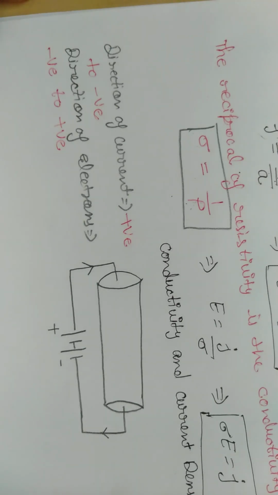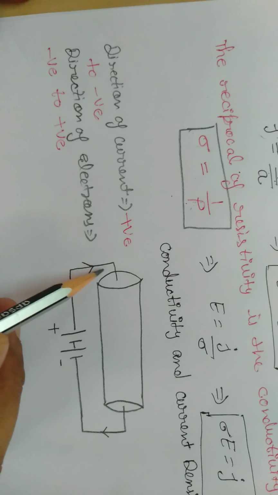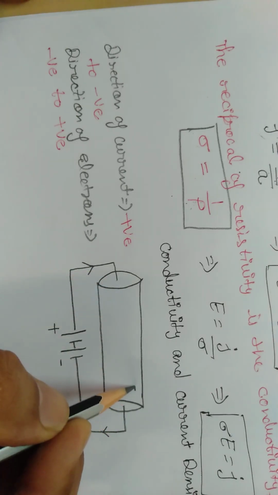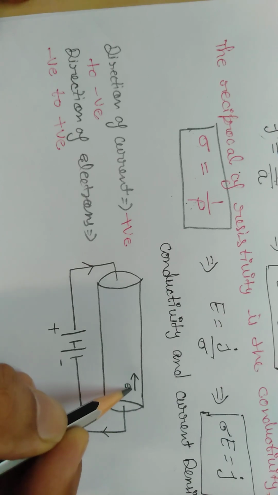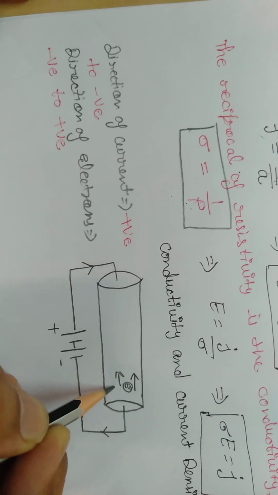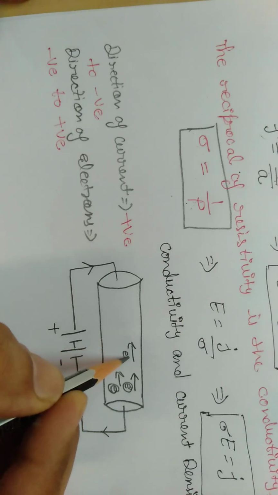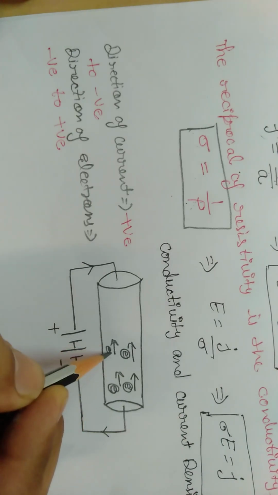Okay, so if the direction of current is this side, then what will be the direction of electrons? The direction of the electrons will be this side. This side the electrons will move, that is from negative to positive direction.